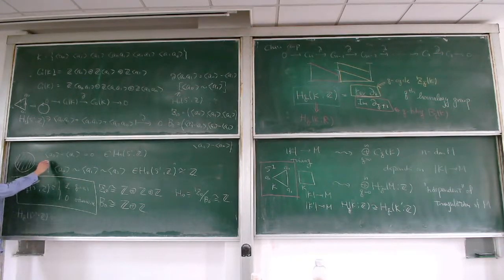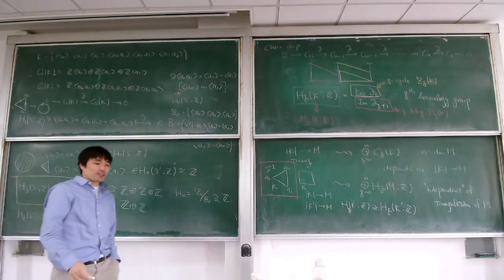We know that this one, what do you say? So the one skeleton, I mean, it's called the one differential complex, is 0.